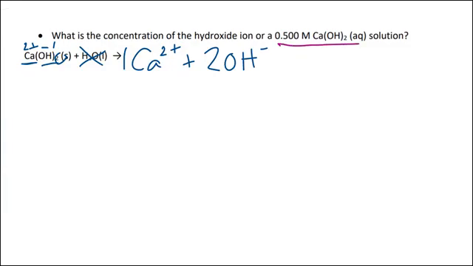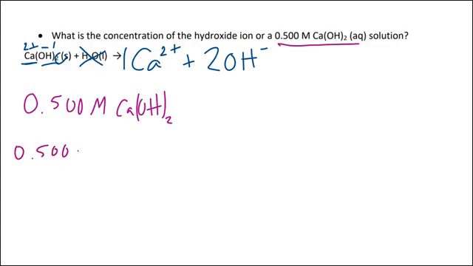We've got the same starting, so I've got 0.500 capital M of calcium hydroxide, which is the same as 0.500 moles of Ca(OH)₂ over 1 liter of solution.